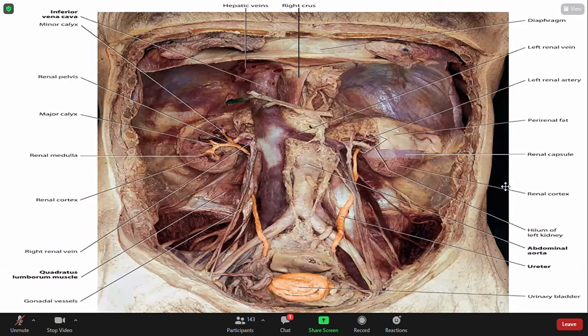But the narrowest among the three physiologic constrictions is the uretero-vesical. That's why if ever there's a place in the ureter where a stone would lodge, it would be here at the uretero-vesical junction.